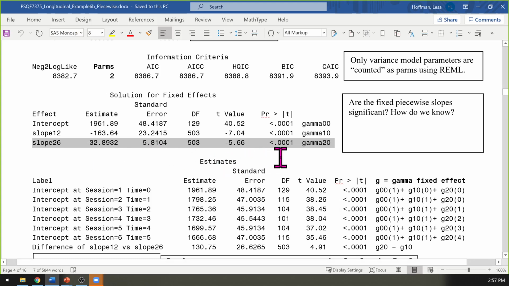But they're still improving, otherwise the slope wouldn't be significant. So given that this slope is covering the territory between sessions 2 and 6, it is a rate. So 32 milliseconds per session is the rate of linear decline that this phase predicts. So slope 2-6 is a linear slope. It's just operating from session 2 to 6 because of the way we coded the predictors.